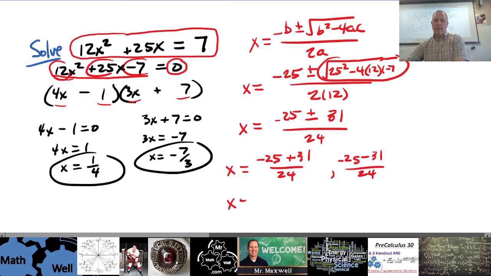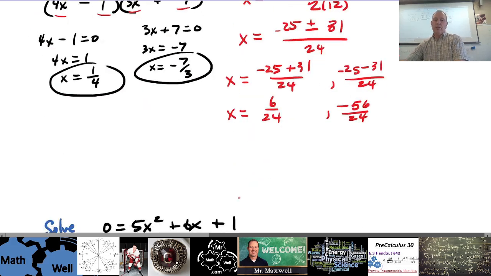So negative 25 plus 31 is positive 6, over 24. And over here, this is negative 56 over 24. So if I reduce these fractions, look at what I get.